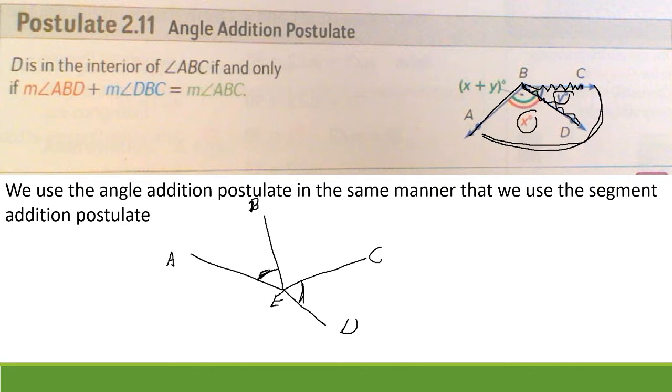I can't say that this angle here plus this angle here is the entire angle because I'm missing this middle part. Now I can add all three of these together and say that they are the entire angle, but when you add the angles together, you have to make sure that they're back to back essentially, or side to side, so that the actual angle is connected through all the angles that you're adding. But again, fundamentally, it's the same thing as segment addition. You take two smaller angles and add them to get the bigger angle.